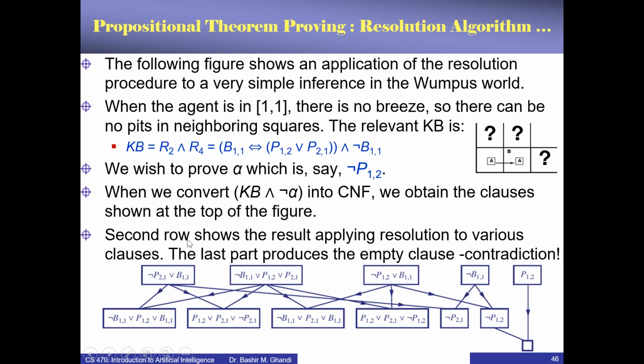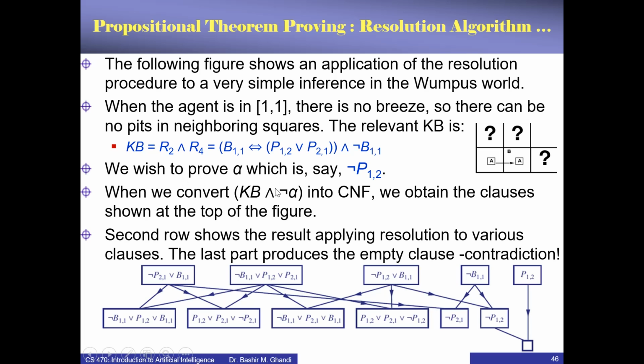Okay, so it says here the second row shows the result of applying resolution to the various clauses after converting the expression KB and not alpha to CNF, and the last one produces the empty clause, which is a contradiction. So once we reach the contradiction, it means this is actually not true, and therefore KB and alpha is satisfiable.